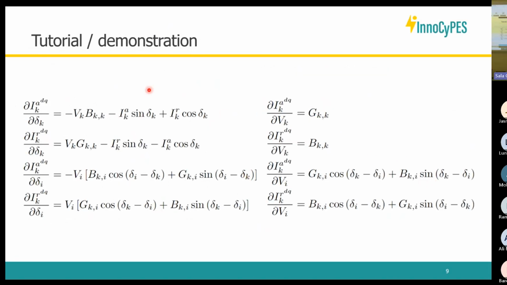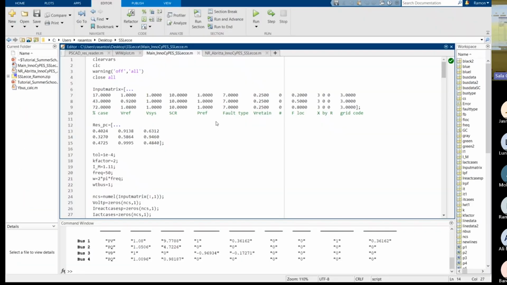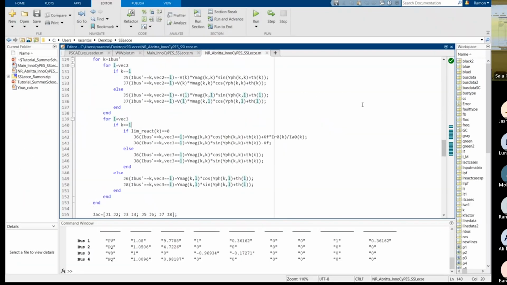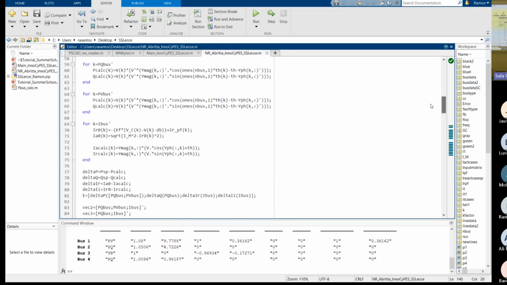So I have it in this slide, just to make things a bit faster. So I don't know if anyone has downloaded the codes and have them open in MATLAB, but let's see if we can do it here.